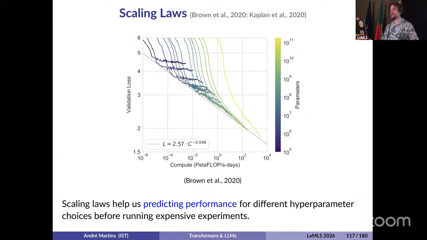The way to do this is by doing careful scaling laws, trying to predict what the performance is going to be as you scale up the number of parameters of a model without actually training that model. So you can train smaller models, evaluate those models on benchmarks, and then try to anticipate what's going to happen if you keep increasing the model that way.